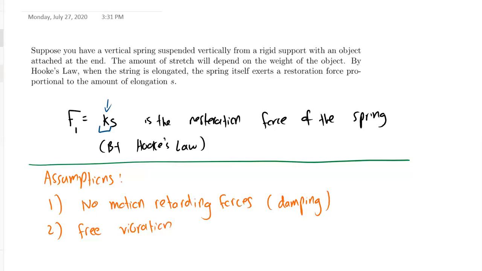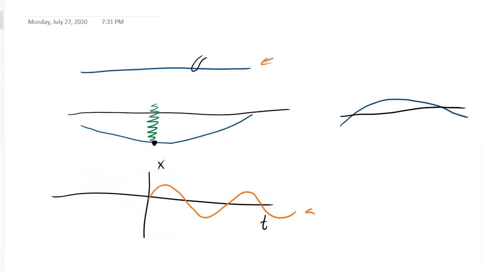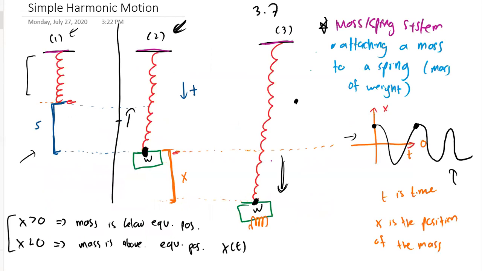So let's go back to our picture. We're starting our model, and I mentioned that t equals 0 is when we let go, so when we let go in picture 3. How much have we stretched the spring in picture 3, when we let go?